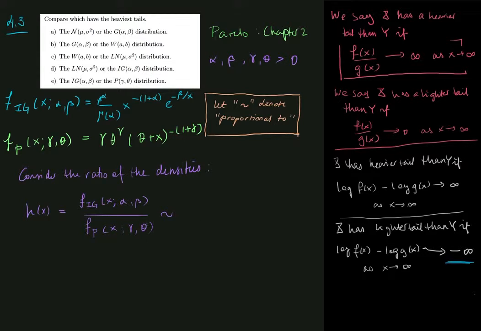And this is proportional to, meaning it is equal to this thing multiplied by some constant, so I can remove the constants in the expression. So this is proportional to x to the minus 1 plus alpha multiplied by e to the minus beta over x, divided by theta plus x to the minus 1 plus gamma.